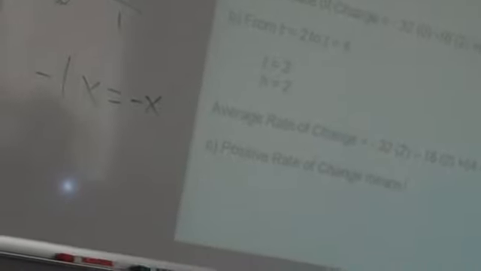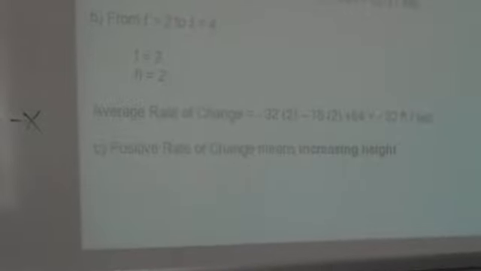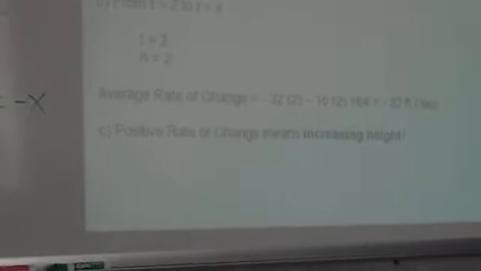All right, so positive rate of change, let me phrase this carefully. Positive rate of change in this case means increasing height. When we talk about rate of change, and this is something that maybe was not said out loud before, we're talking about the dependent variable, the y, the s of t in this case.